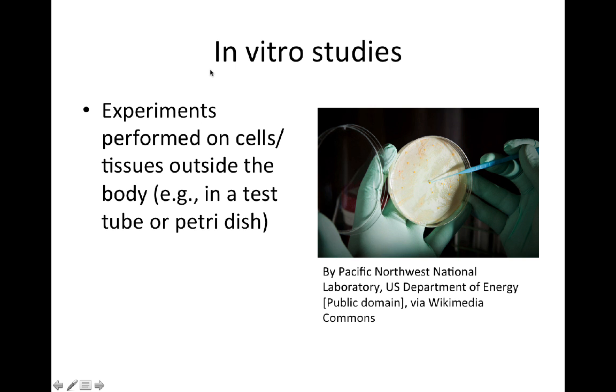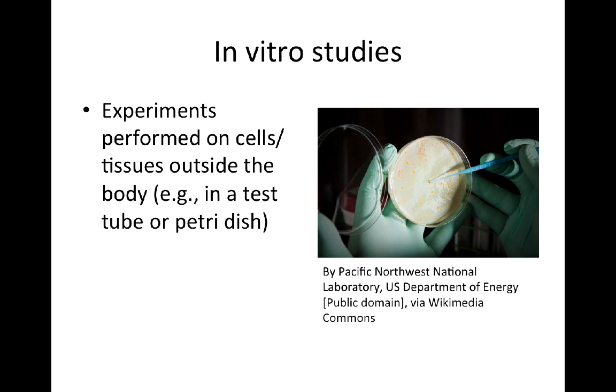Another type of study is in vitro studies. In vitro means in the test tube. So these are studies where you're taking cells or tissues outside of the body and performing specific experiments on them. The advantage to this is that you can do many things that you can't do with animal studies or with people studies. And it can let you elucidate the mechanism that specific types of nutrients might be having.